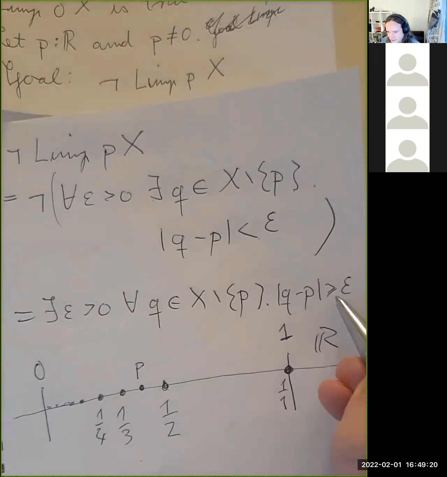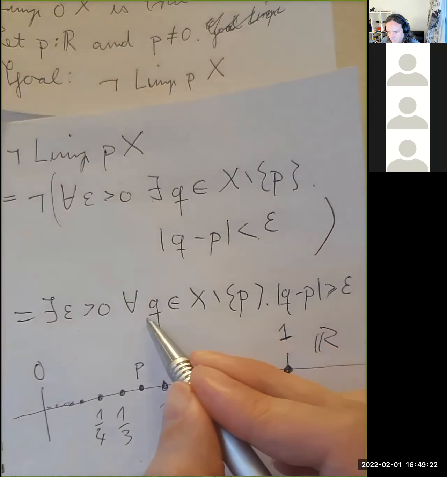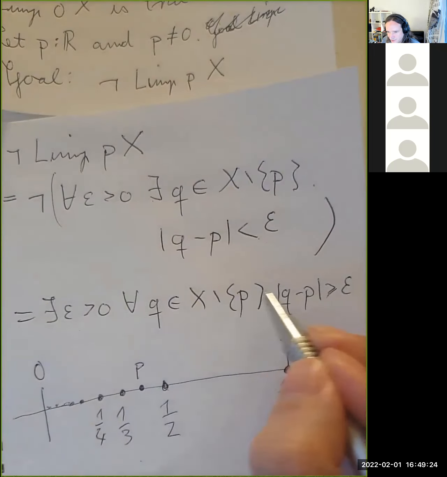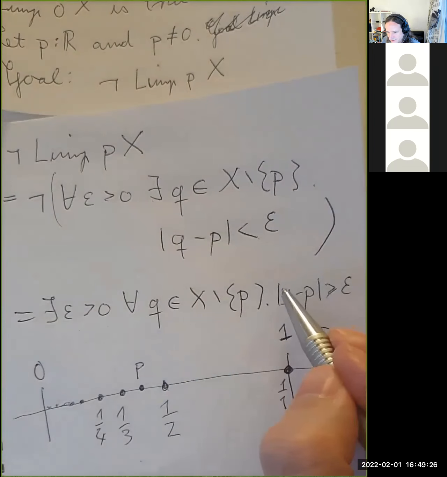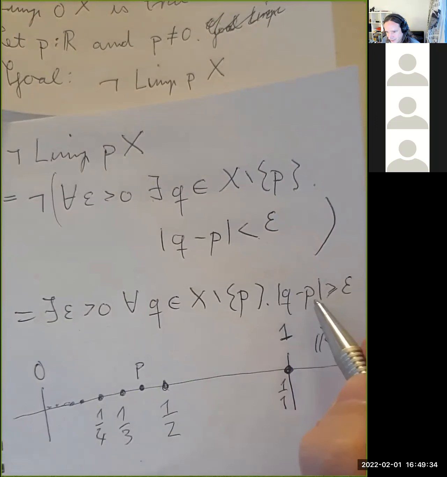And what we want to do is we want to find an epsilon such that for all points q, this condition is satisfied, which just says q is further away from p than epsilon.